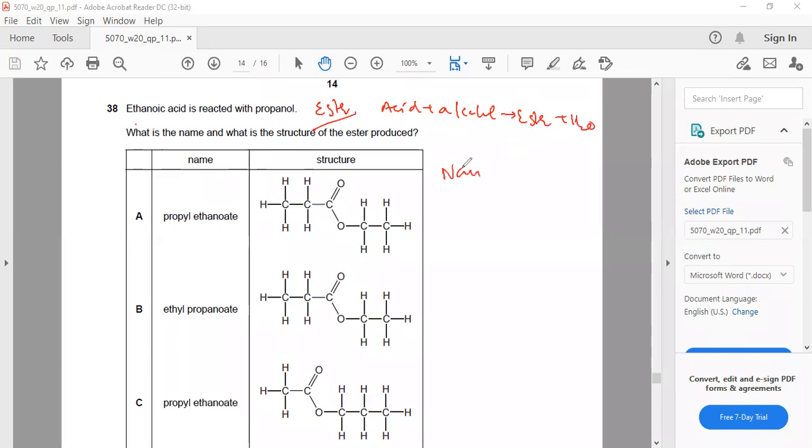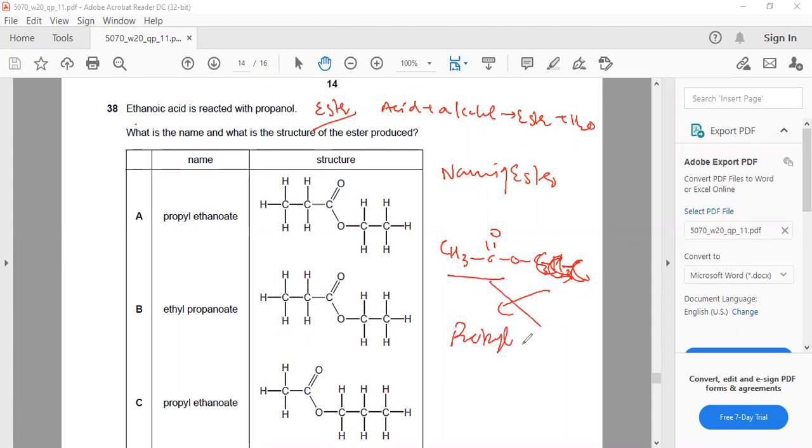But for naming ester, you must know it's related to that also. You don't need to draw this. This is 3 carbon: 1, 2, 3. So we name the alcohol part first, propyl ethanoate. The alcohol part we name has 3 carbon.